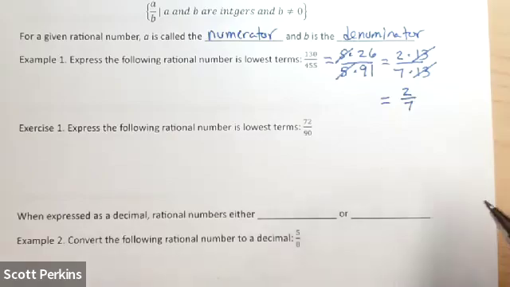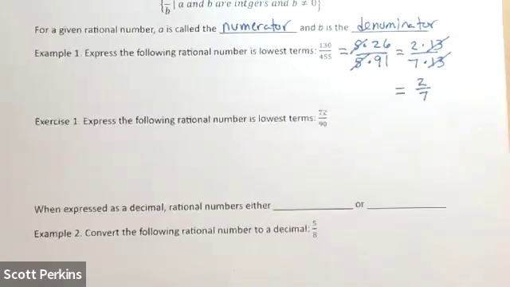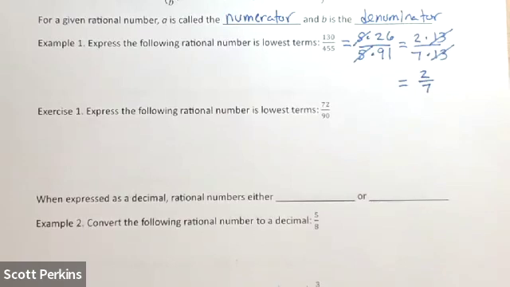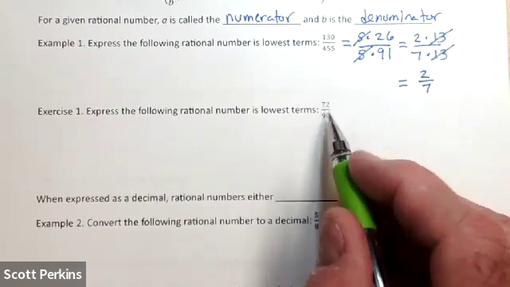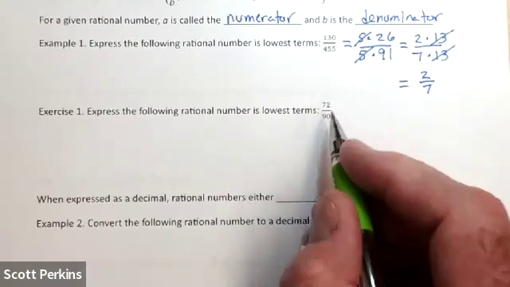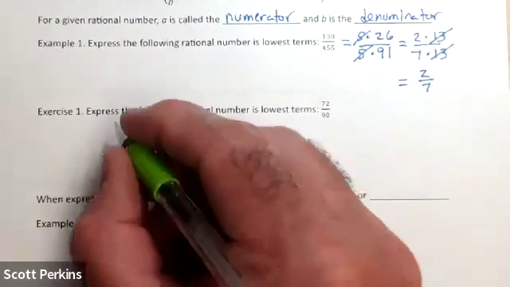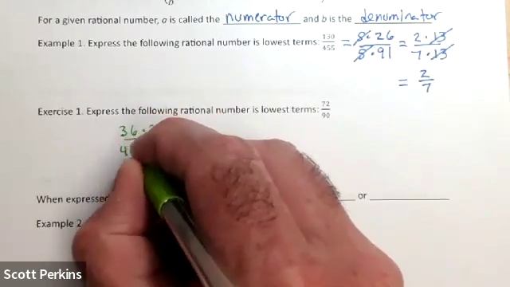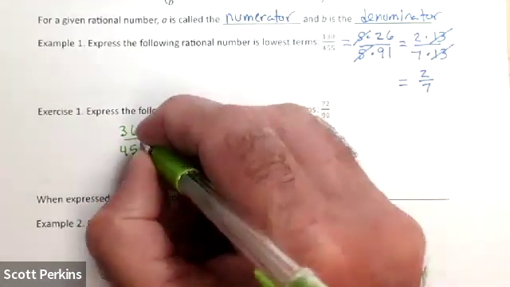Okay, again, I hope you paused the video. Just sitting and watching this makes absolutely no sense as a use of your time if you are not actually performing the problems. So 72 over 90, well, I can see both of those numbers are even. 72 is 36 times 2. 90 is 45 times 2. So I can cancel those 2's.